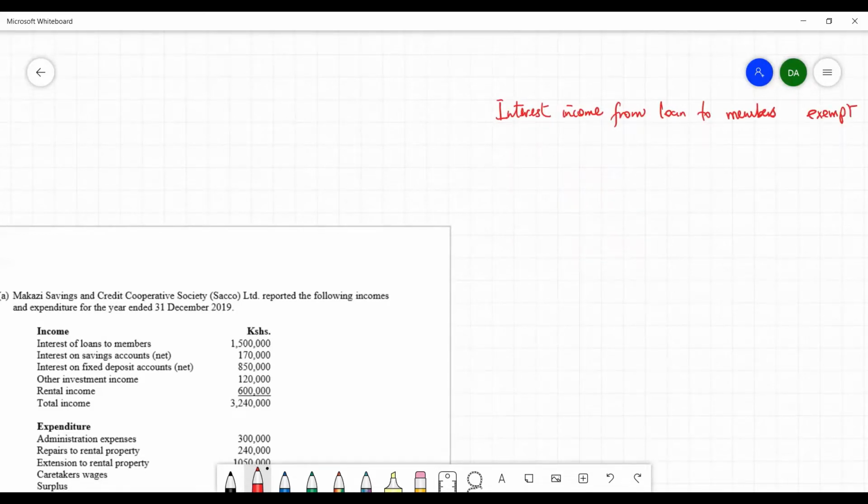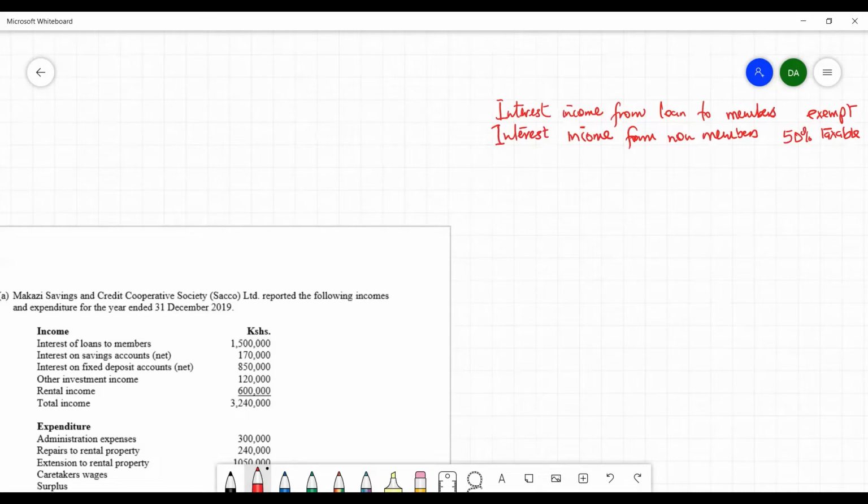Then you have interest income from other sources, from non-members. This is taxable, but only 50% is taxable.